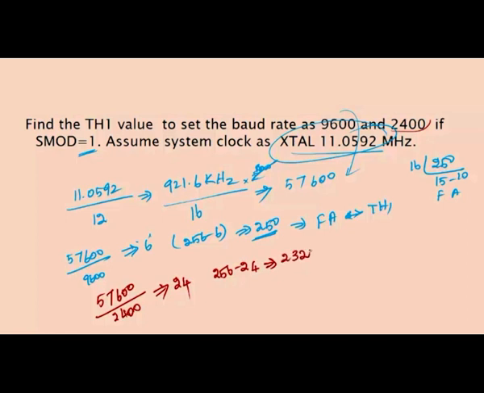So, 232 is a decimal value, you have to convert it into hexadecimal by dividing by 16. 16 gives the value 1, then the remaining is 72. 72 means 4 times it will come, then you get the remainder 8. So, this value is E8. So, you have to load E8H as the hexa value in TH1.